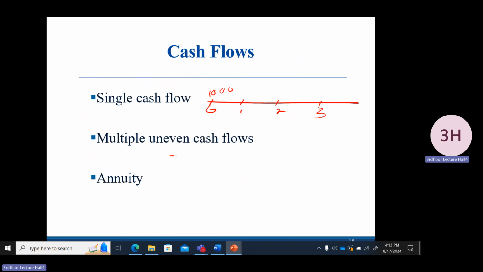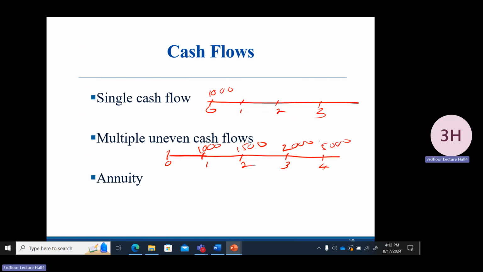Then multiple uneven cash flows, as its meaning suggests, means you have more than one cash flow, and they are unequal. Suppose end of 1 year from now, 1,000. End of 2 years from now, 1,500. End of 3 years from now, 2,000, 5,000.